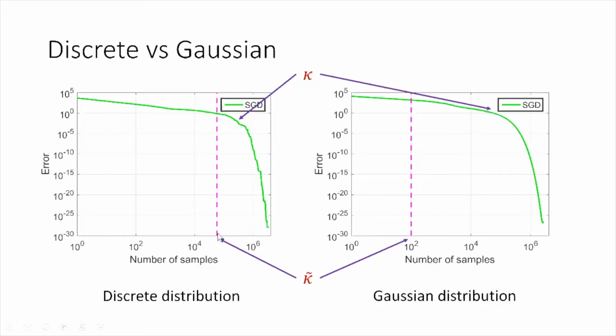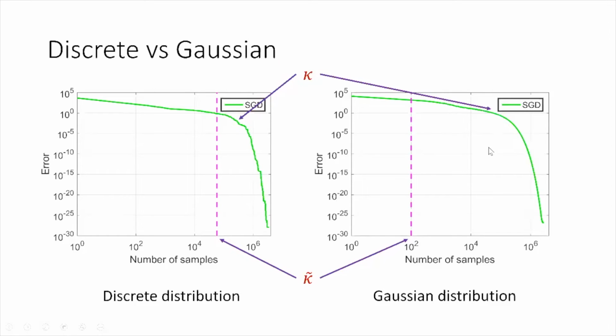Here it's of the order of 10 to the 4, whereas here it's of the order of 100, and we can see that the geometric, or sharp, decay starts pretty much at the computational condition number for the discrete setting. And even for the Gaussian setting, even though the statistical condition number is much smaller, the drop again seems to happen pretty much at the same point, right?